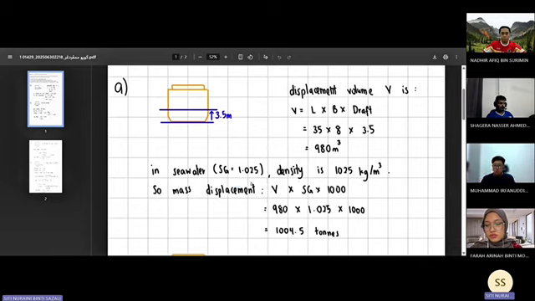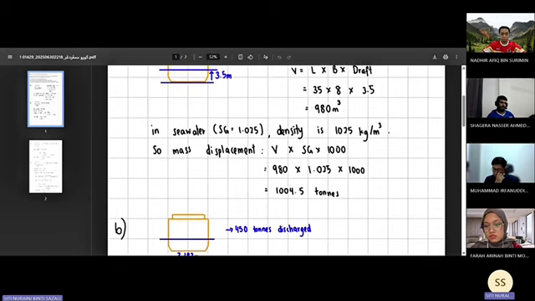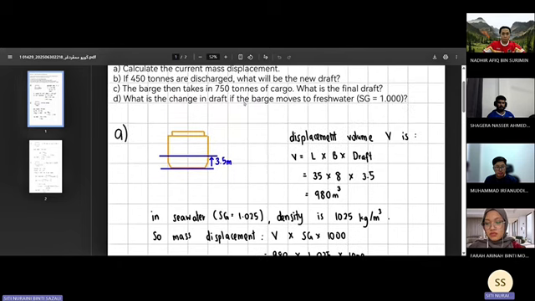In seawater, SG 1.025, the density is 1025 kg per meter cube. We insert the volume V equals 980, SG 1.025 and times 1000. We will get 1004.5 tons.